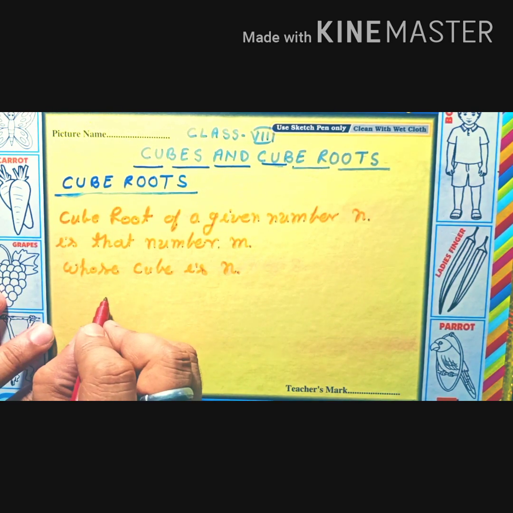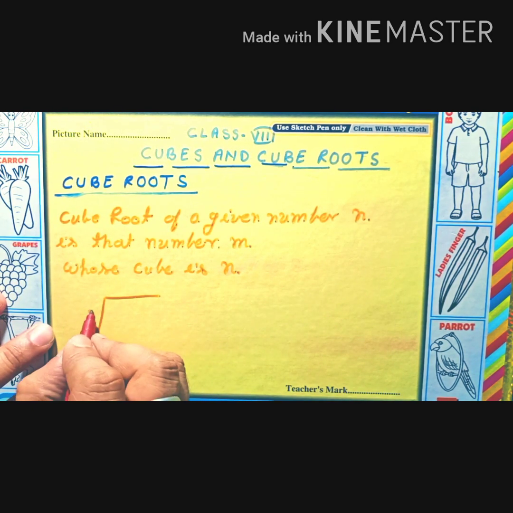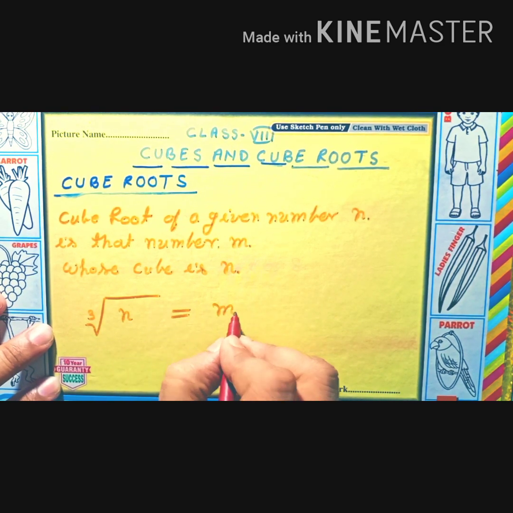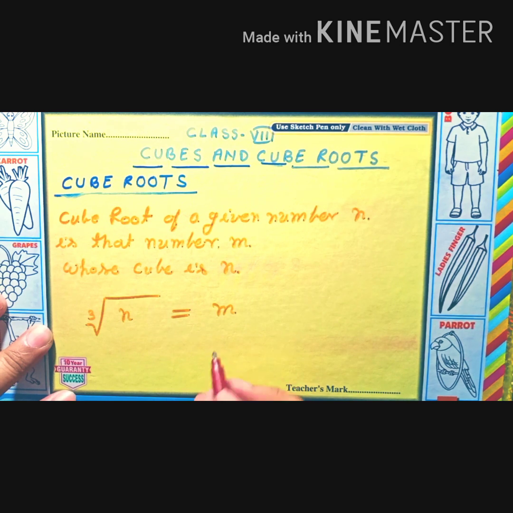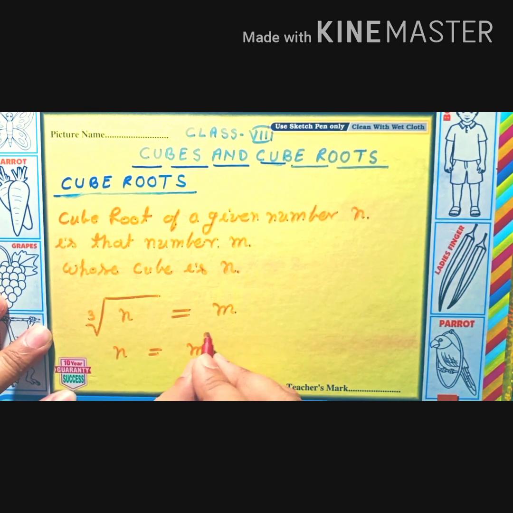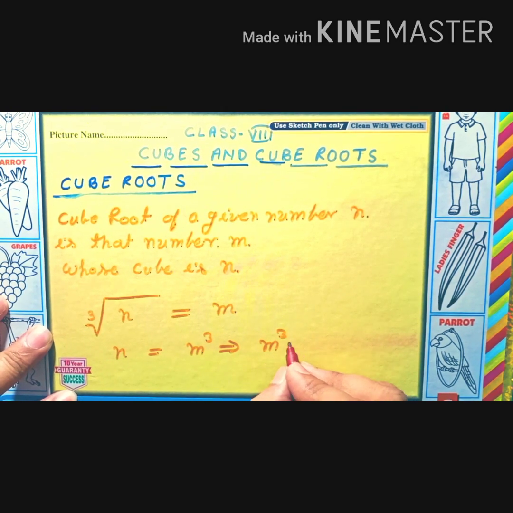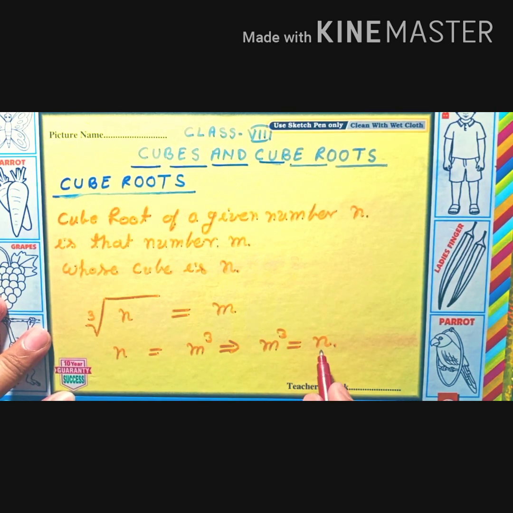Means cube root of n is m, whose cube means n is equal to m cube, or m cube is equal to n. Means if m cube is equal to n, then cube root of n is m.